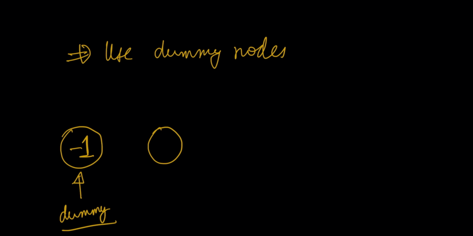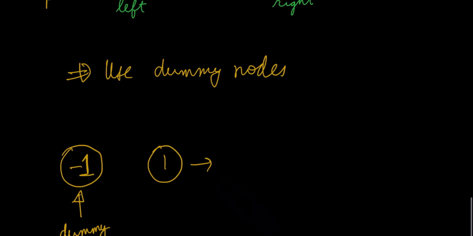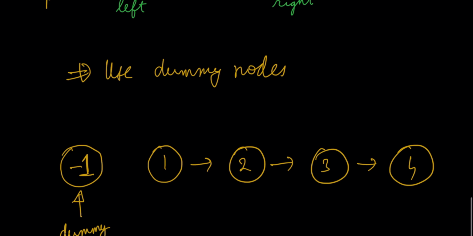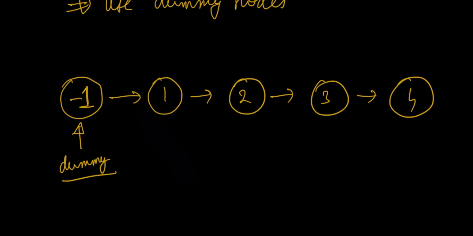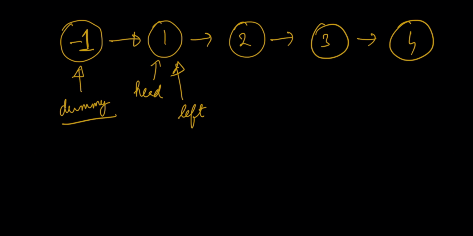Then we have our head, and we have 2, 3, and 4. Here I need to set dummy.next equal to head, which is also left equal to 1. In this case, when I set the previous pointer while iterating over the list, it will always be not null, and my next is here. So using a dummy node helps us avoid null pointer exceptions.